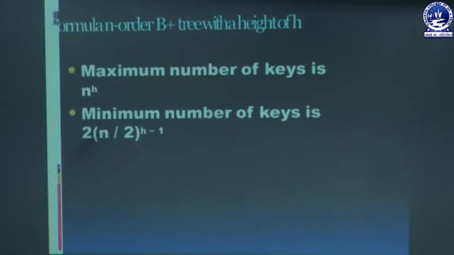So let's see the insertion procedure for B plus tree. In case of B plus tree, the maximum number of keys is n to the power h, and the minimum number of keys is 2 into n by 2 to the power h minus 1.